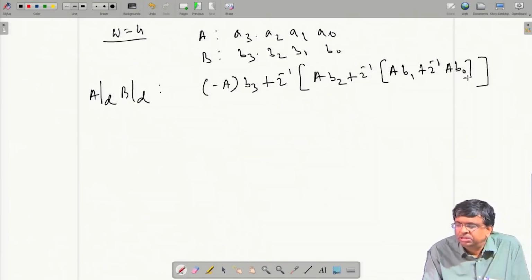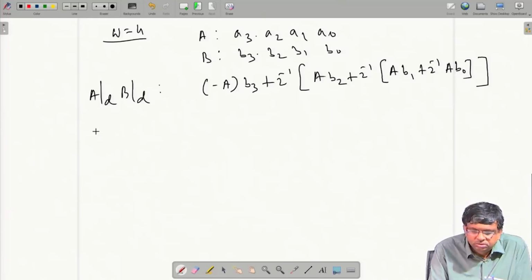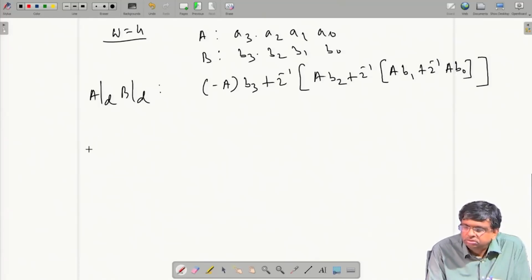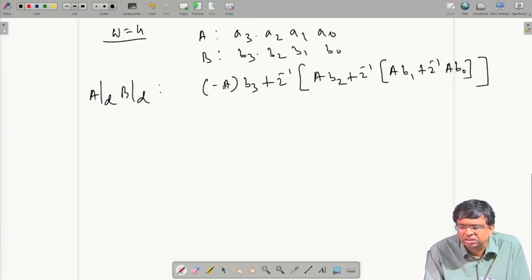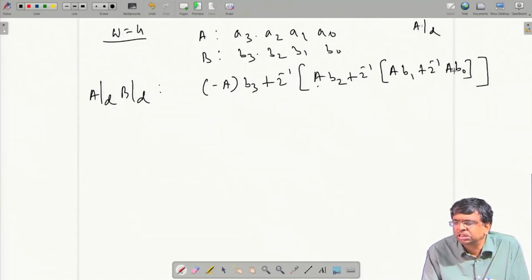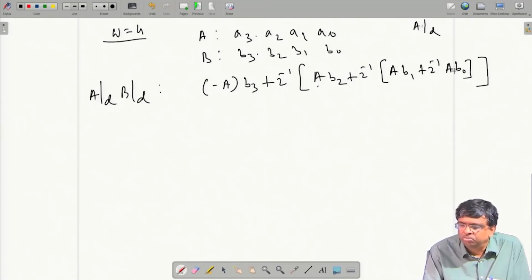Now, let us start with A B0. Here this A is actually A by D, but I am not writing it, it is understood that it is A by D, a decimal value. I hope you understand that this is a decimal expression. So, wherever I write capital A, they are all decimal A. Similarly, B0, B1, B2, they are all decimal values, decimal digits.